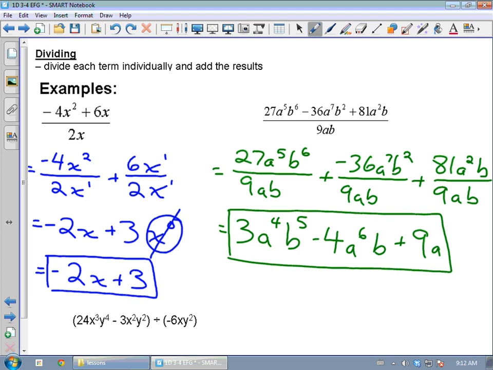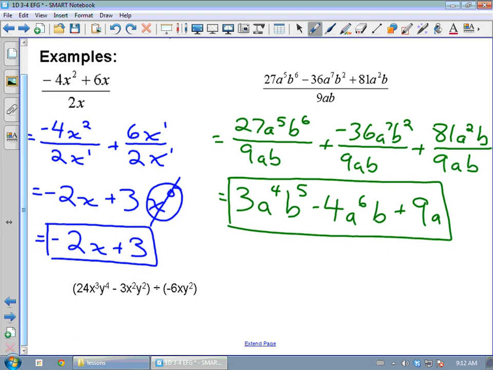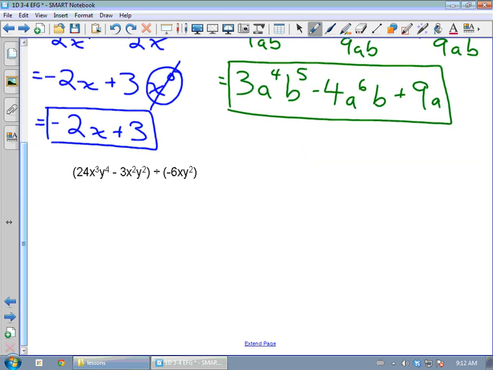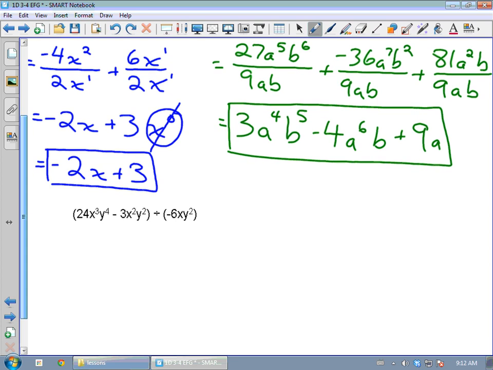All right. Let's try this third example here if we've got space. I'll try to leave that second one on there. So in this third example, we've got 24x cubed y to the 4th minus 3x squared y squared divided by negative 6xy squared. We've got this division sign in here, but I'm just going to rewrite this as a fraction.